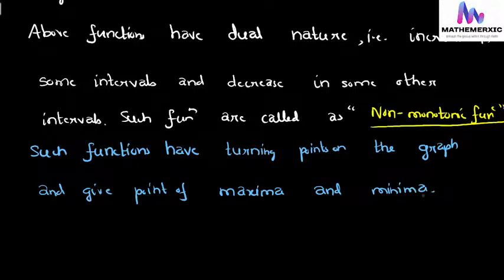Now obviously we'll classify the functions as increasing functions. Classification of functions we'll do on the basis of monotonicity. It is one increasing function, strictly increasing function, decreasing function, strictly decreasing function. These are the categories on which we will classify the functions.